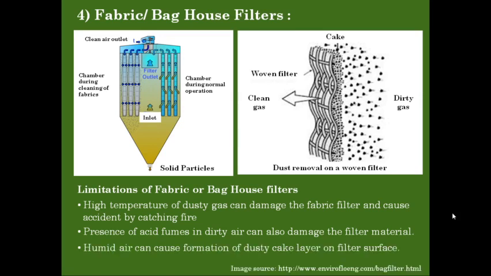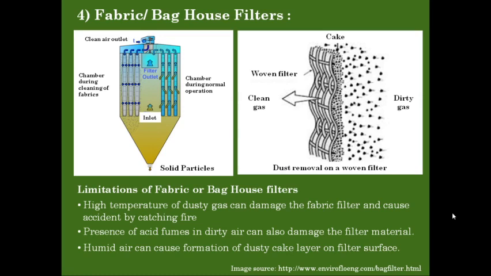The third limitation is that if your air has high humidity, if your air has water vapors, then whenever this moist air comes in contact with the fabric surface, the dust particles will get tightly adhered to the filter surface in the form of a dusty cake layer.